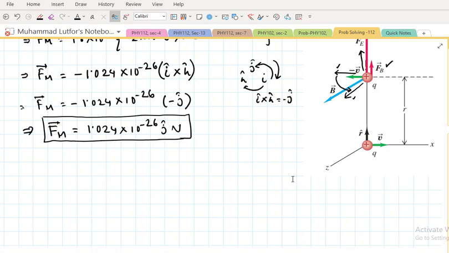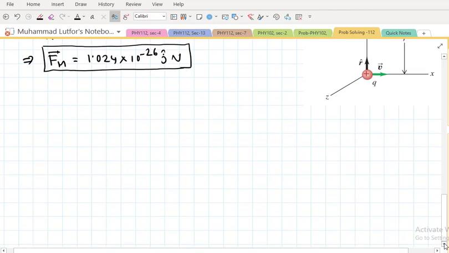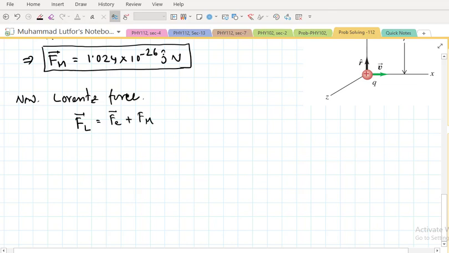Now what would be the Lorentz force? The Lorentz force is the sum of these two, right? Then we can write the total force, or the Lorentz force, FL, as the electrostatic force plus the magnetic force. They are in the same direction, so I'm going to add them over here, right? If they were in different directions, I would subtract them.